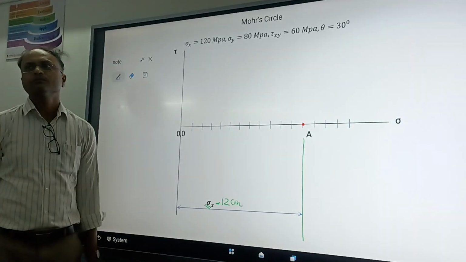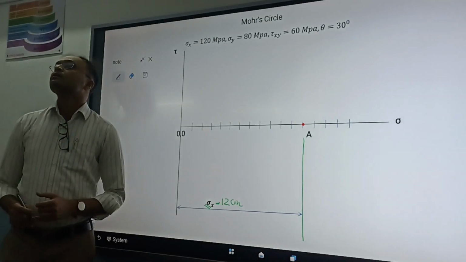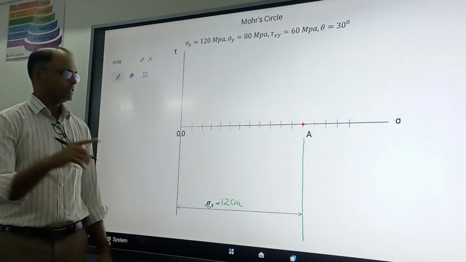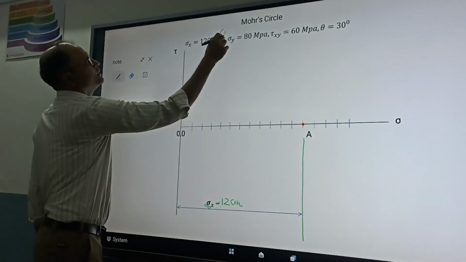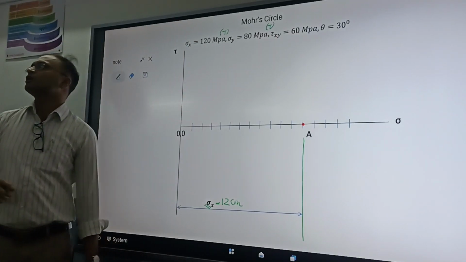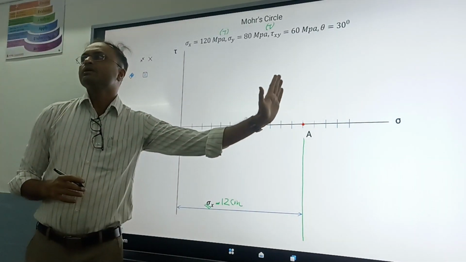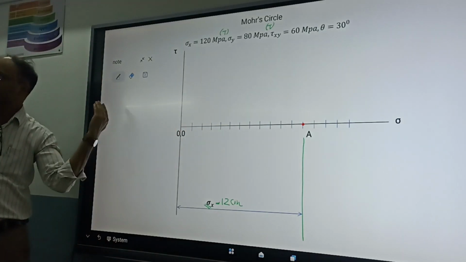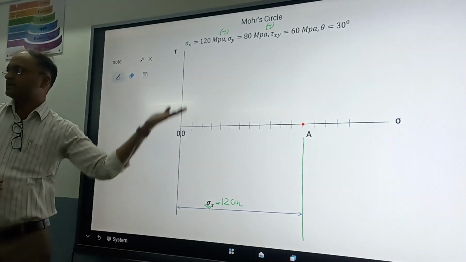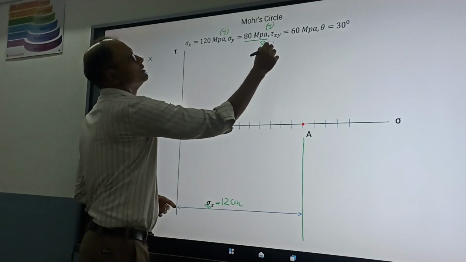What is the value of sigma y? 80 MPa. Is it tensile or compressive? That also you have to take care. This 120 MPa is tensile, in bracket I can write tensile. This is also tensile. Where do we plot tensile stress? We plot tensile stress on the positive x side, compressive stress on the negative x side, and shear stress along the y axis. So 80 MPa will be equal to 8 centimeters.